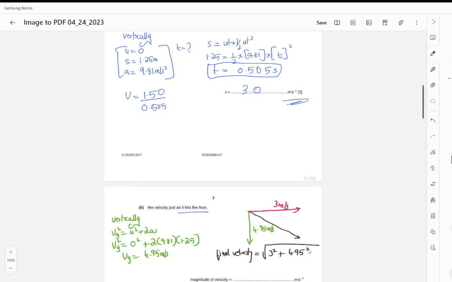Squaring the answer plus 3 square and applying the root operation gives me 5.79, so 5.8 meter per second. So that does it.